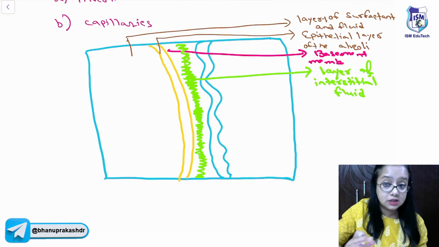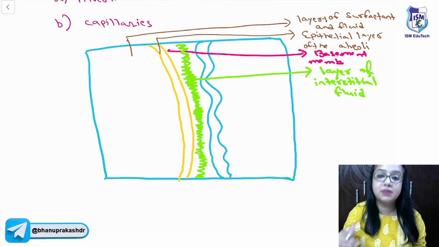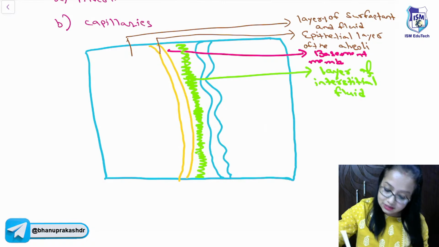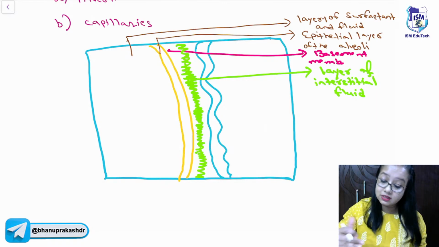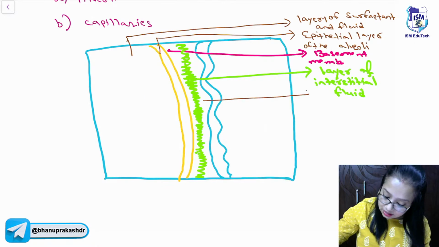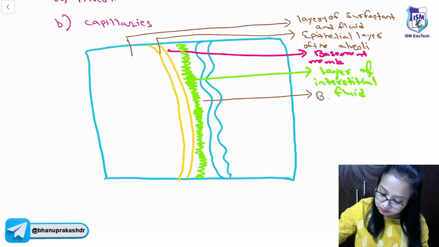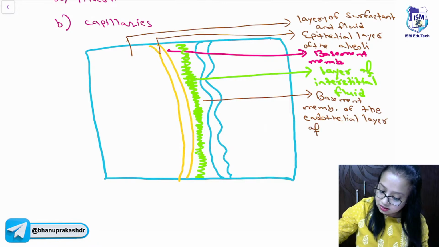Via this interstitial fluid, there is contact between the alveoli and the capillaries. Now on the capillary side, after the layer of interstitial fluid, starts the layer related to the endothelial lining of the capillary. So what is next? It is the fifth layer, which is the basement membrane of the endothelial layer of the capillaries.